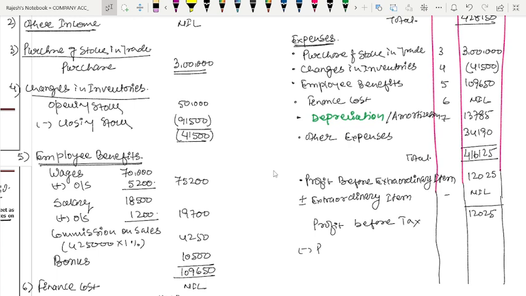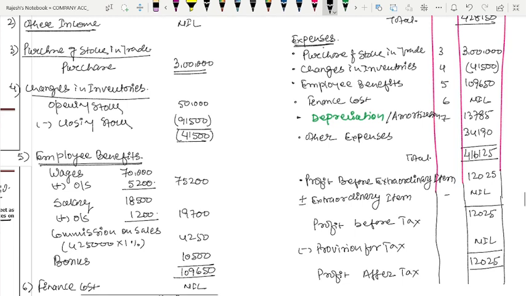Now minus provision for tax, nil. This becomes profit after tax, 12025.